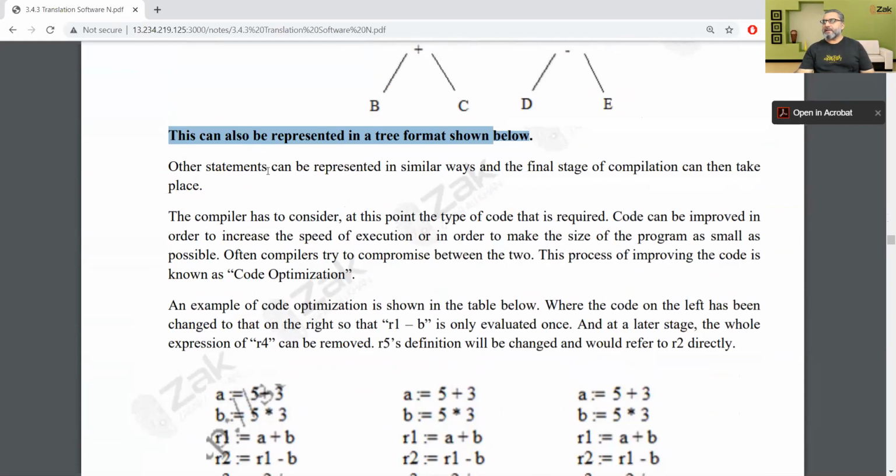So other statements can be represented in similar ways, and the final stage of compilation can then take place. The compiler has to consider at this point the type of the code that is required. Code can be improved in order to increase the speed of execution or in order to make the size of the program as small as possible. Often, compilers try to compromise between the two, the size and the speed of execution. This process of improving the code is called code optimization.